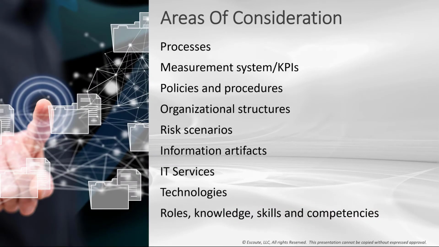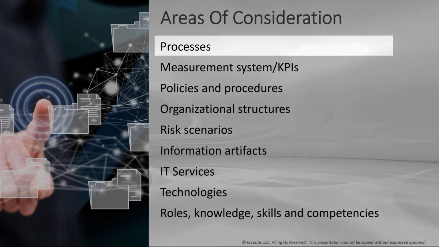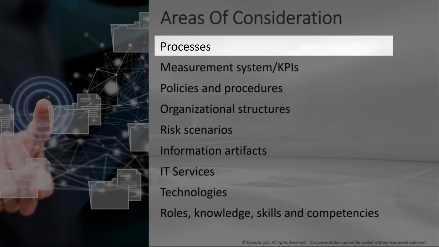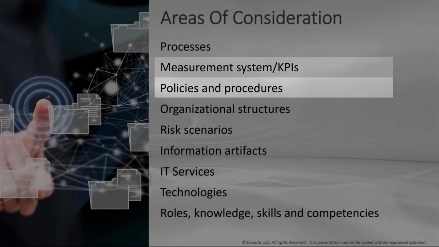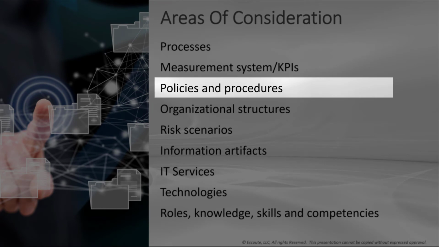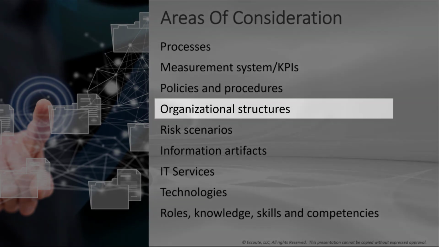There are many other areas to consider when you're looking at the adoption of your data governance strategy. Of course, processes. Not only the process that we're talking about now around data governance and data management, but what other processes are affected by this process. Of course, your measurement system and your key performance indicators to measure the health of the process, any policies or procedures required for this. Organizational structures is very important here because it identifies the decision-making bodies, the levels of authority, the escalation procedures, and those types of things.